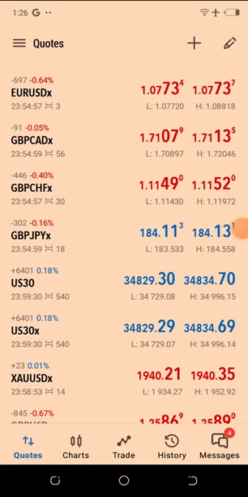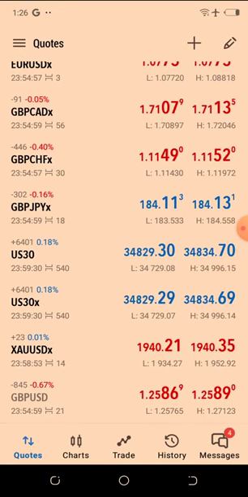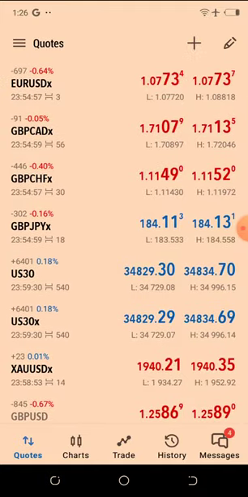Indices comprise of more than one stock or more than one instrument. This US 30, or DJUI, Dow Jones Industrial, comprises 30 big companies in America. I think Apple is there, Amazon is there, and some other stocks, 30 major stocks in America.